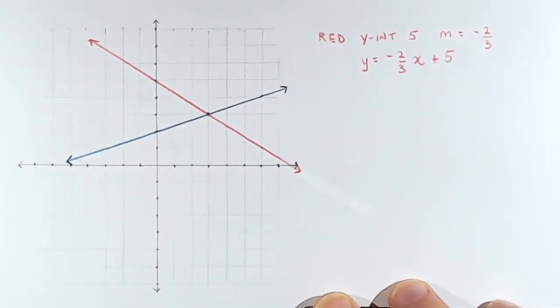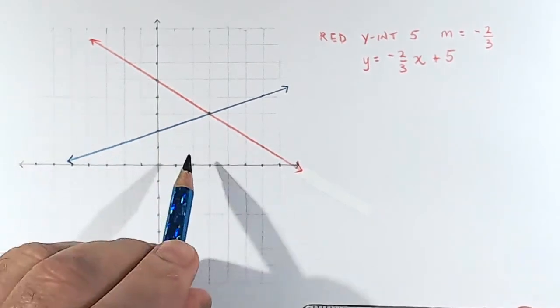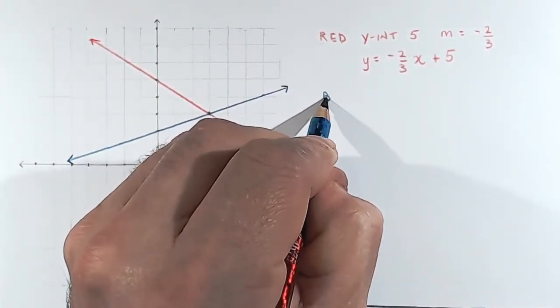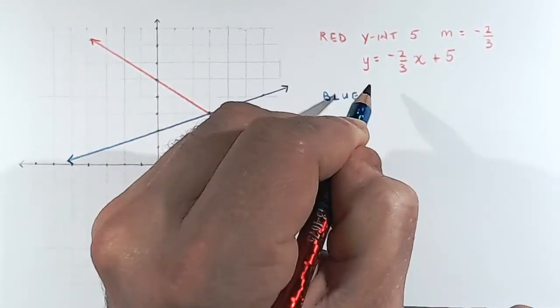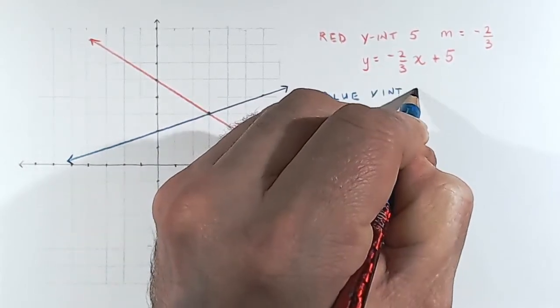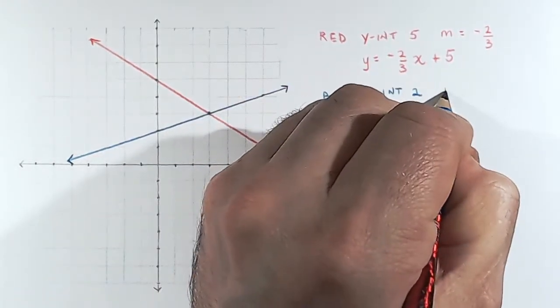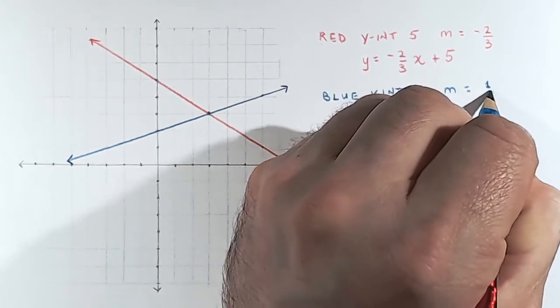So that's my first line, and that's my red line. And my blue line has a y-intercept at 2, and its slope is positive 1 over 3. M equals 1 over 3.